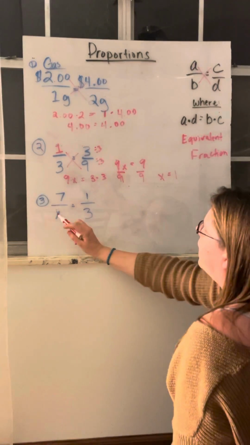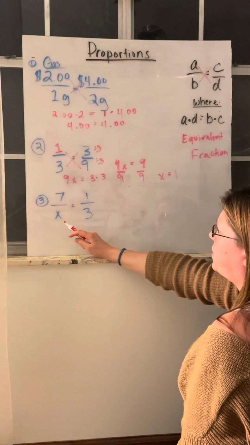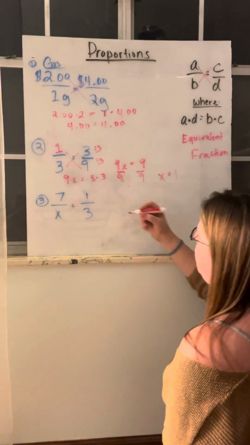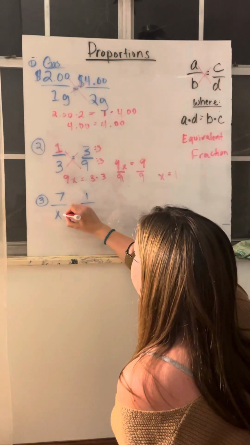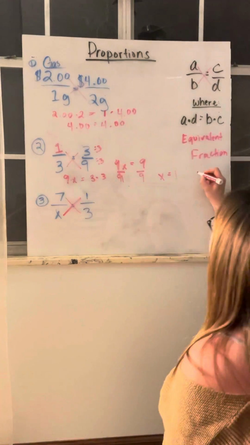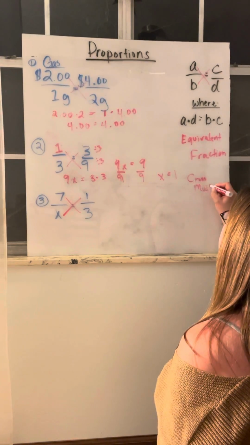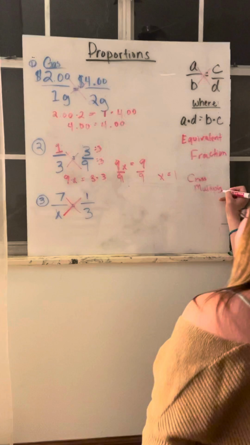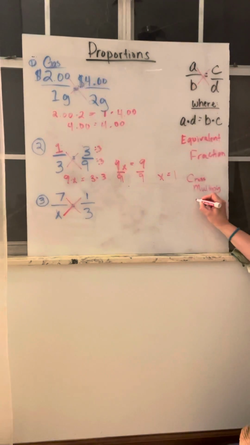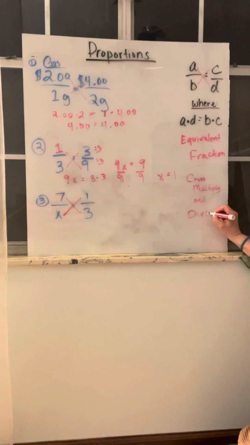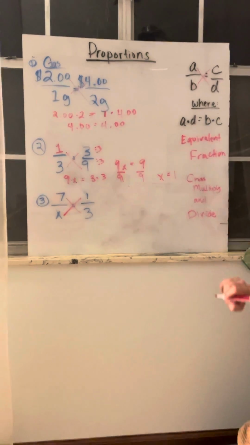Sometimes you'll have a proportion where the x is in a different place. That does not matter. You still do the same thing. You cross multiply and then divide. Okay.